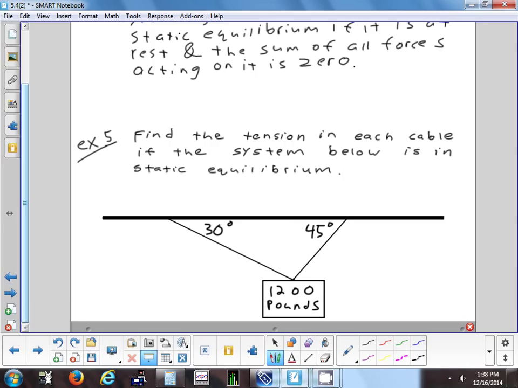Then we're going to use a little bit of right triangle trig. And then we're going to also look at how do we solve a system of equations. So there's some stuff in here that you already have to know from Algebra 1. The right triangle trig goes back to what I taught you. And the static equilibrium part, well, we're learning that right now.